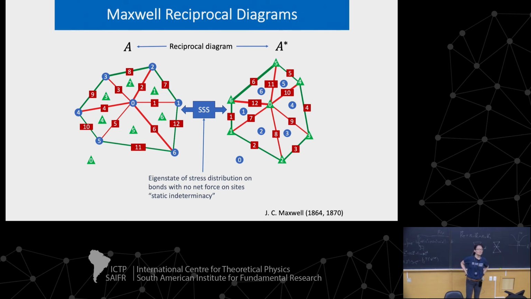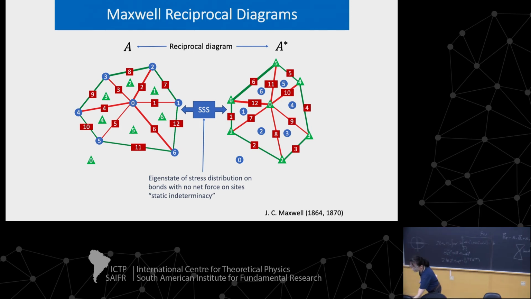Any questions? Yes? If I demonstrate that this analogy exists, can I be sure that there exists an analogy for the topological index, if in the original lattice there is a topological index? Yeah, you're jumping ahead.